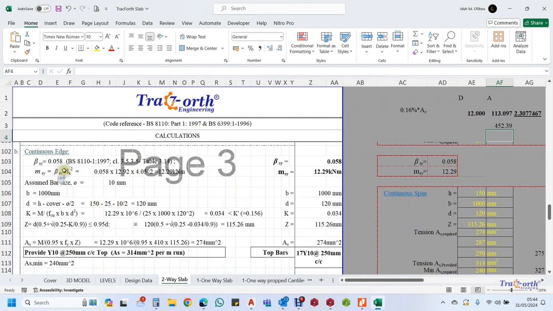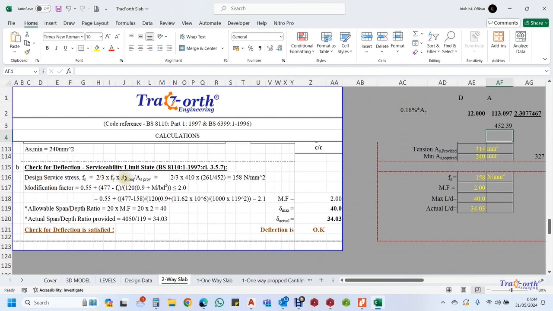And when you are done with that, you check for your deflection, which will check the effect at serviceability limit state, the effect when the structure is put to use. So this in itself does not pose so much integrity issue. However, you wouldn't want to see cracks.